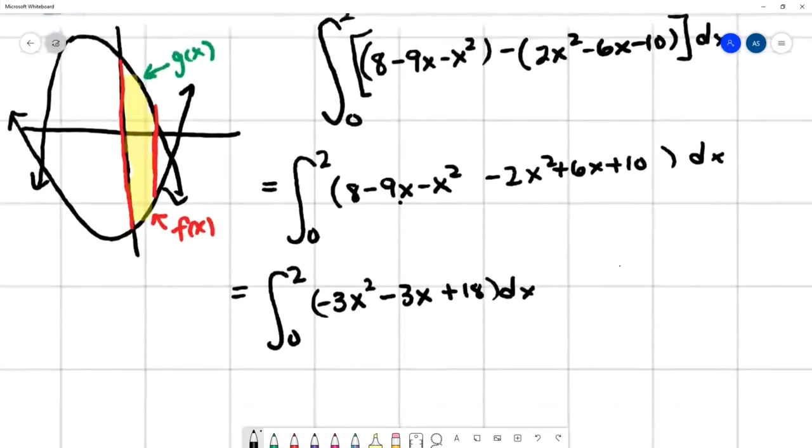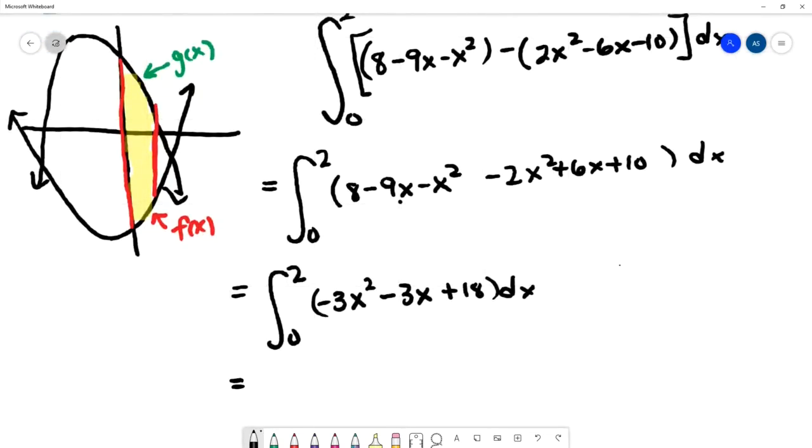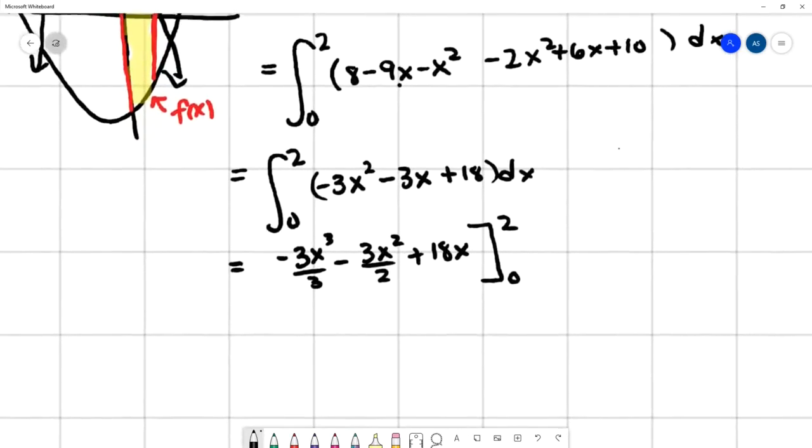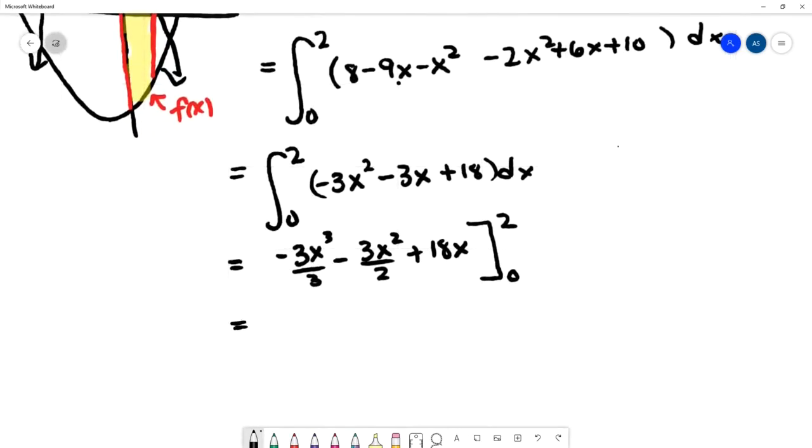And now we're going to find our antiderivative. That'll be negative 3x cubed over 3 using the power rule, minus 3x squared over 2, also using the power rule, and 18x. And we're going to evaluate this from 0 to 2. We can simplify before we evaluate using the fundamental theorem of calculus.